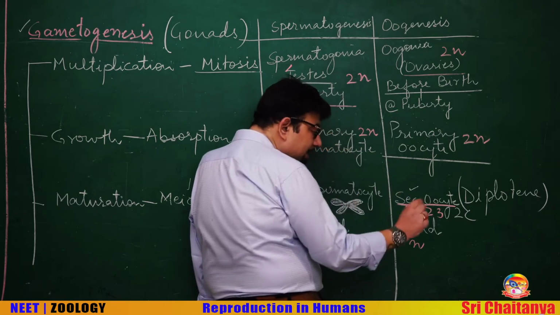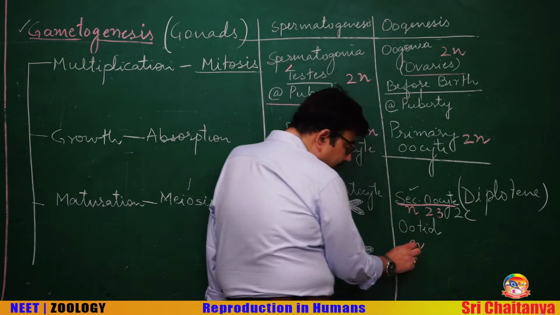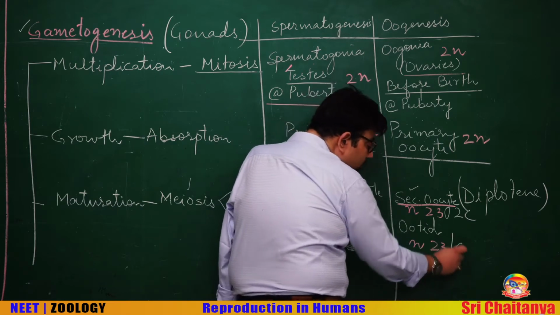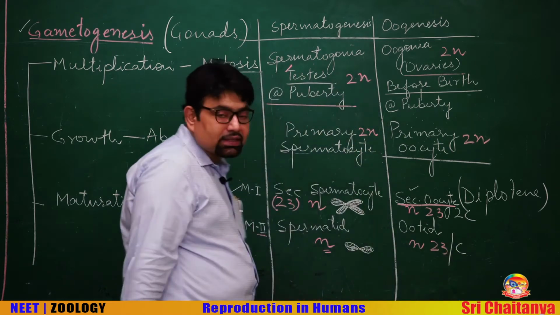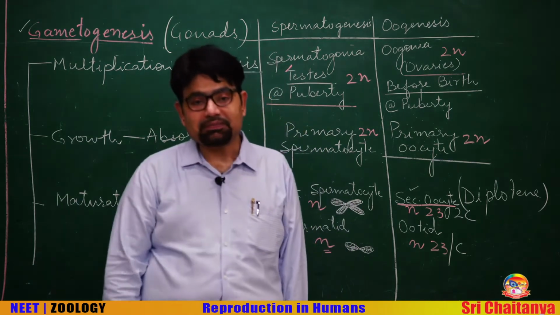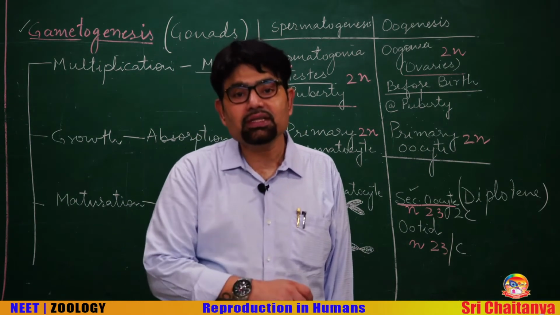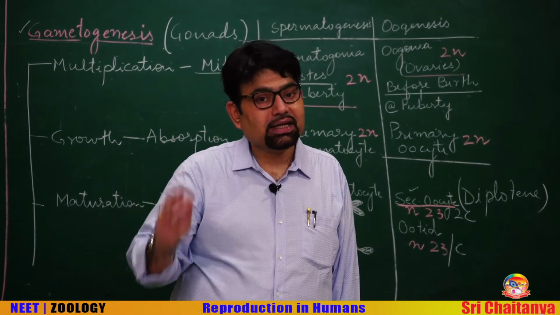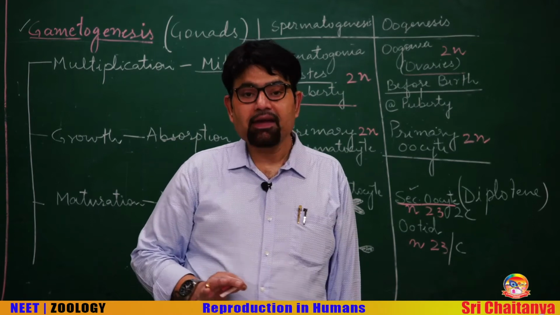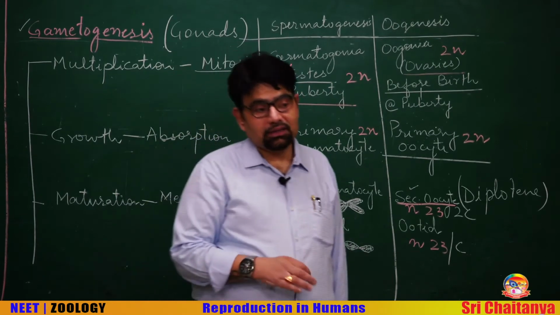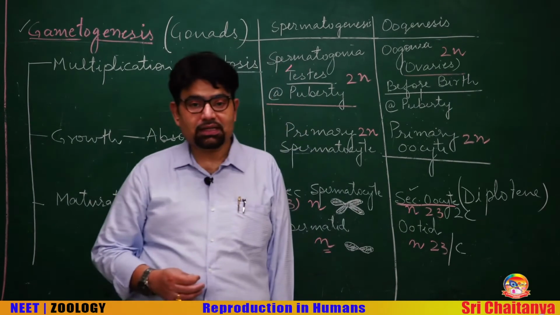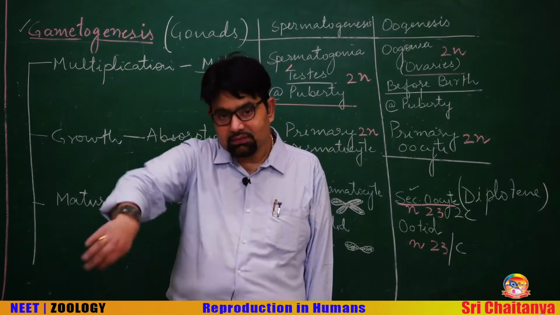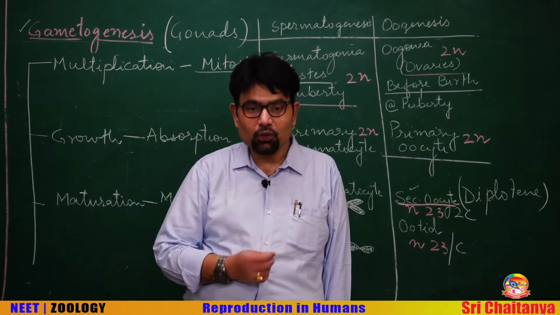Now, a completely haploid cell means they have N, 23 chromosomes, and the DNA should also be like a haploid cell, that is C content of DNA. That occurs after meiosis 2, but all eggs are released at the secondary oocyte stage. When does the meiotic second division complete? It begins from metaphase 2 and then telophase 2 gets over.